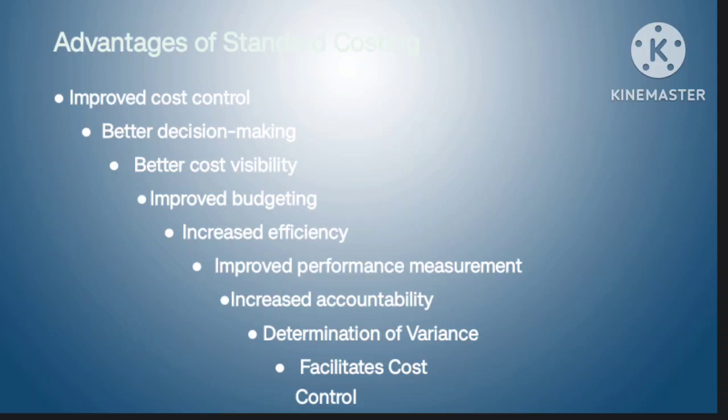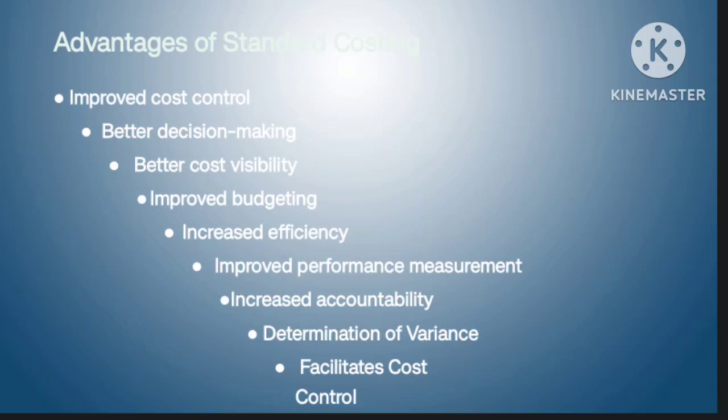Better cost visibility. Standard costing provides a clear picture of the cost associated with producing a product or providing a service, making it easier to identify areas for cost reduction. It also improves budgeting.